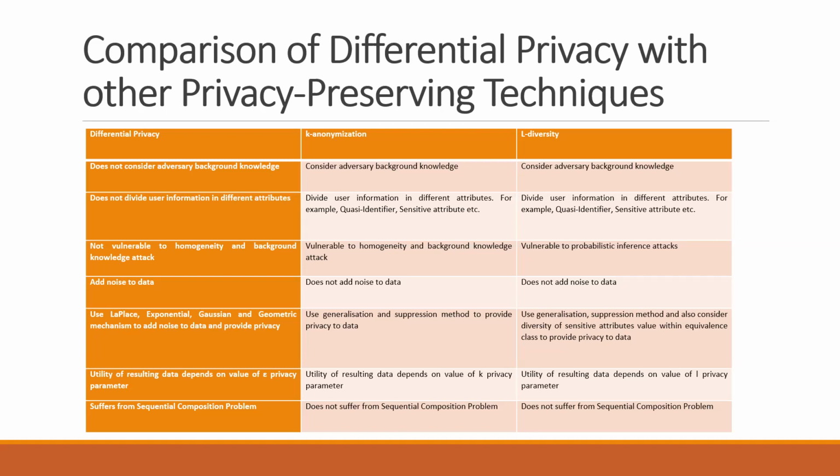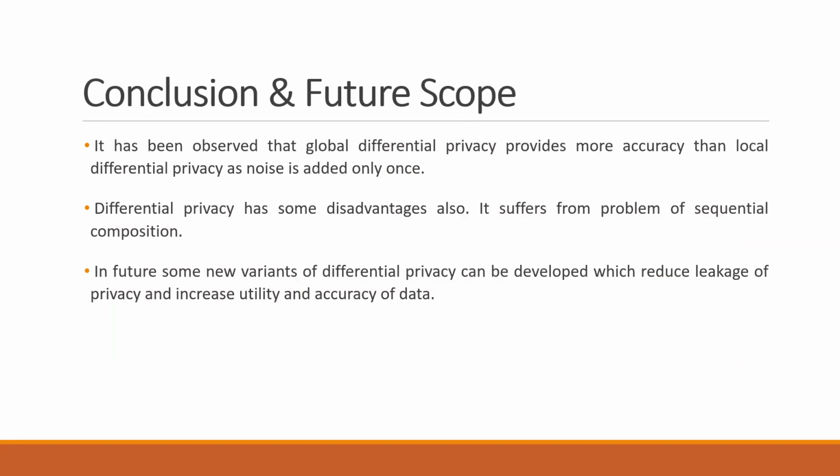Differential privacy suffers from the sequential composition problem, whereas K anonymization and L diversity do not. The advantage of differential privacy is that it secures the data by adding noise and by limiting the disclosure of query results. But it has one disadvantage: it suffers from the problem of sequential composition.